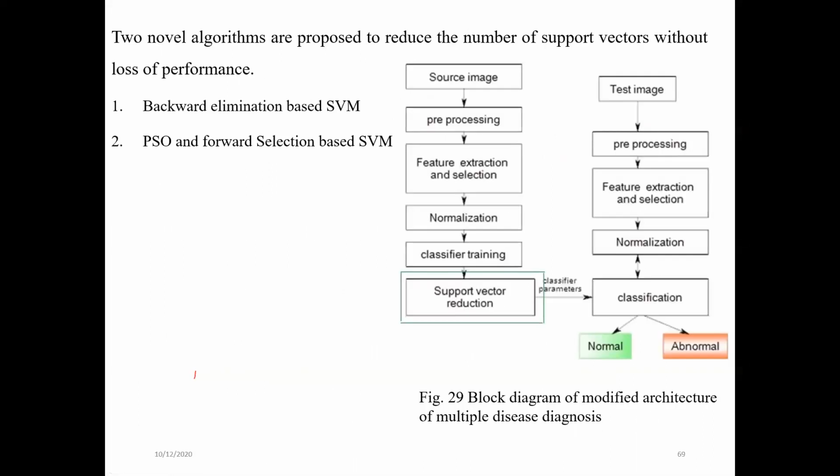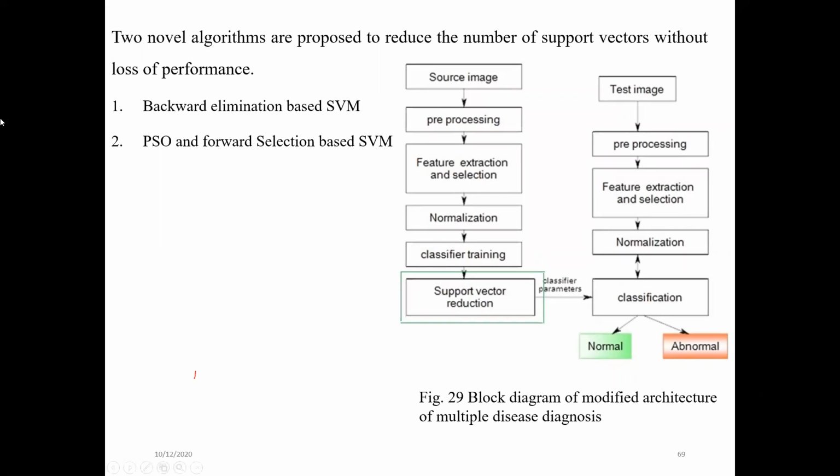Two novel algorithms can be proposed to reduce the number of support vectors without loss of performance. One is the backward elimination based SVM. Another one is PSO, particle swarm optimization, and forward selection based SVM.